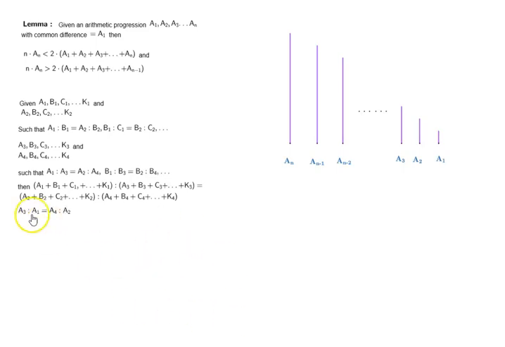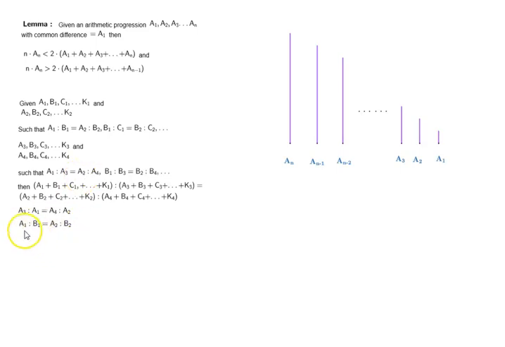Now, we are given that a1 is to a3 is equal to a2 is to a4. So we invert it. We do invertendo, or rather, take the reciprocal on both the sides. So we end up with a3 is to a1 is equal to a4 is to a2.